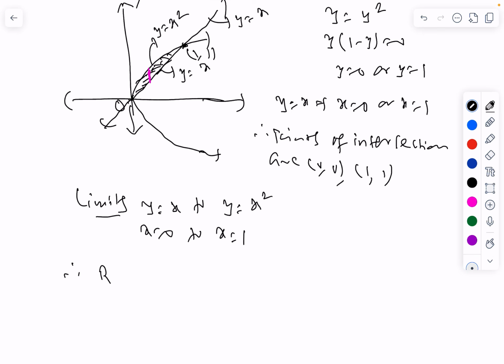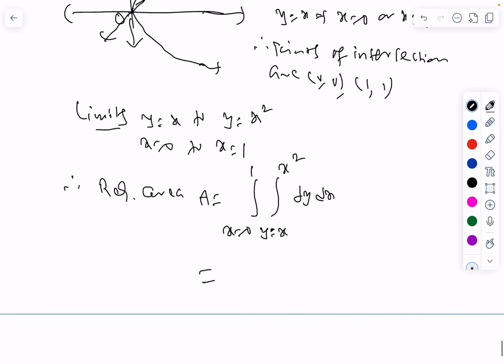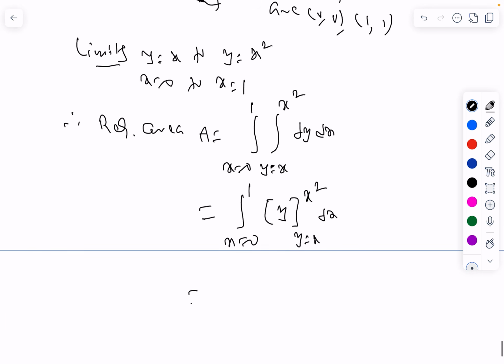And so therefore the required area A equal to the integral from x equal to 0 to 1 of the integral from y equal to x to x square dy dx. And so x equal to 0 to 1, this integration is y, from y equal to x to x square. So now x equal to 0 to 1, this is x square minus x dx.